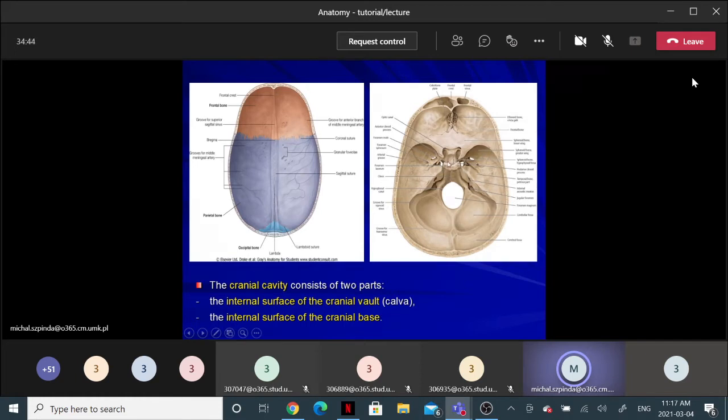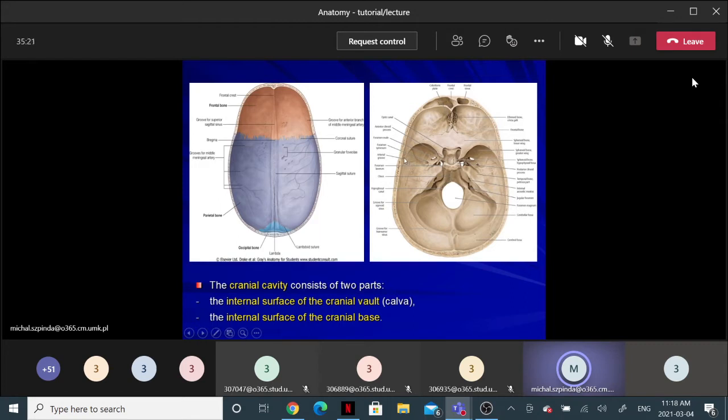All of this is the middle cranial fossa and the posterior cranial fossa, because all 3 fossae refer to the internal cranial base. We should precisely bound them from each other. And so, where is the boundary between the anterior and middle cranial fossae?